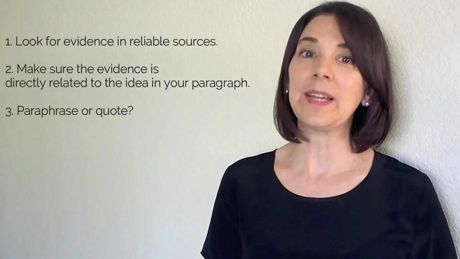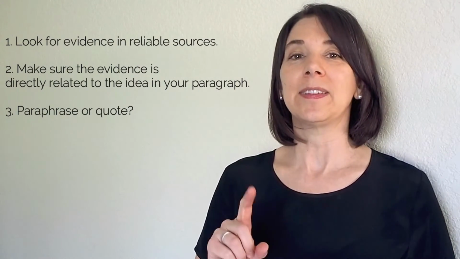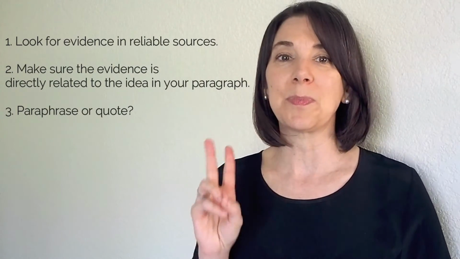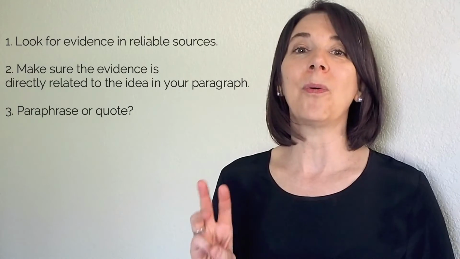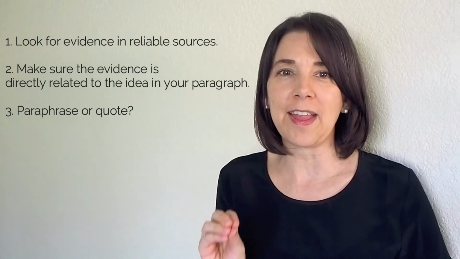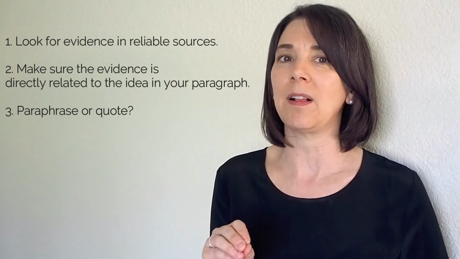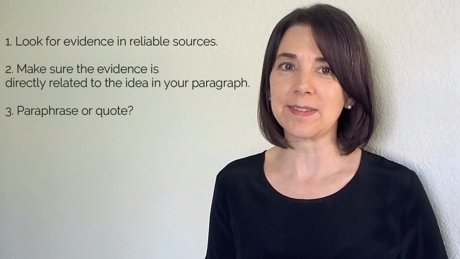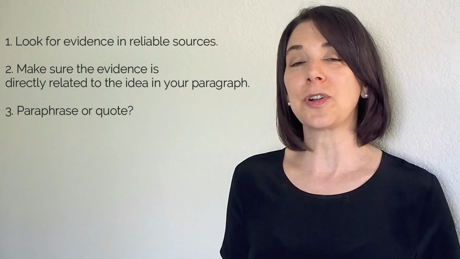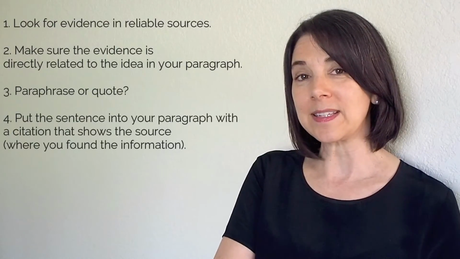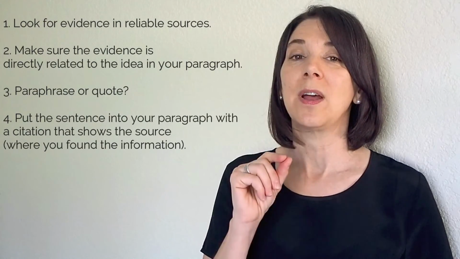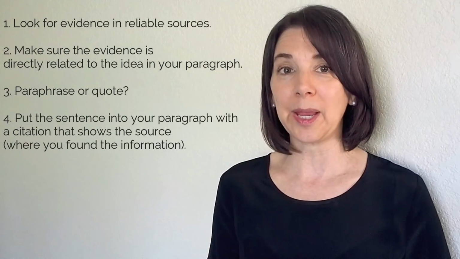Remember that it is okay to use a quote if the sentence is said with very beautiful or special language, it was spoken by a famous person, or it has very advanced, specific terminology that is almost impossible for you to paraphrase. Next, you're going to put that sentence into your essay, but you need to include a citation that shows where the information came from.